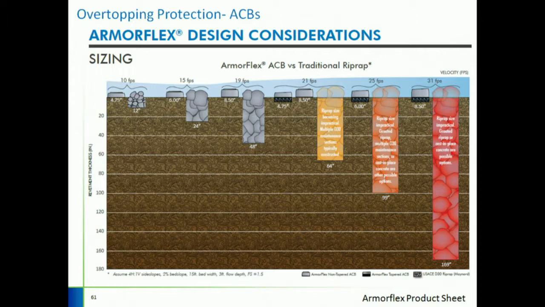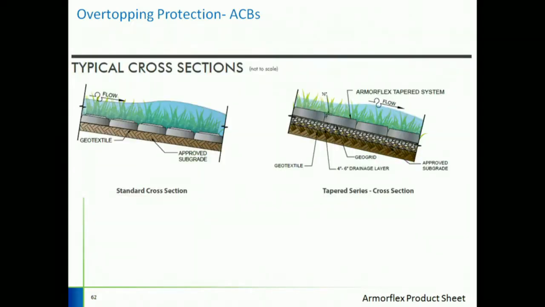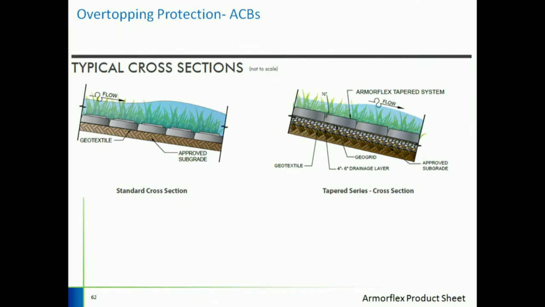Different types of ACB blocks, flat top, geotextile right underneath, but there is no granular material underneath the ACB and over the geotextile here. It is able to carry less flow and shear stress. And in this case, you have a tapered top, geotextile, and granular material in between.